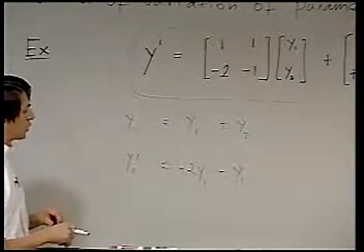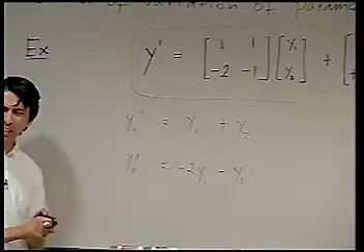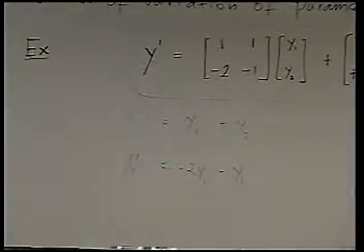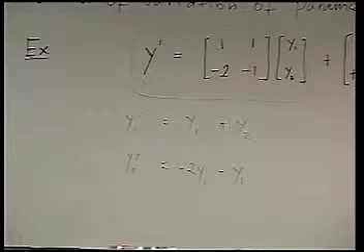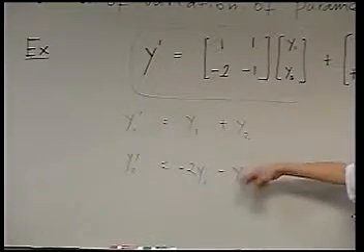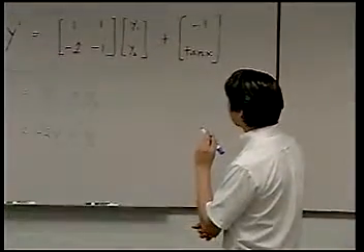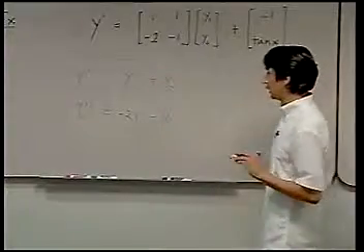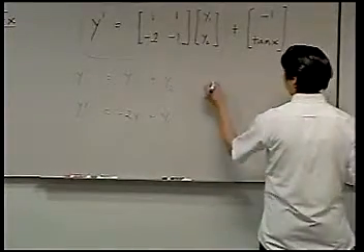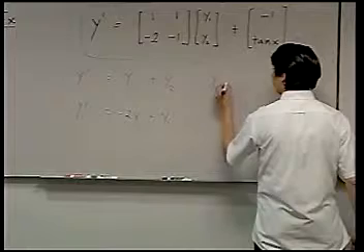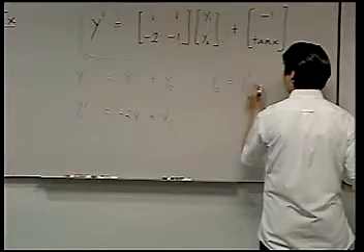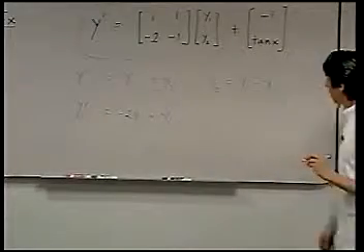So how we're going to solve this system, the idea here is to make some substitution. I have a system of equations and I would like to eliminate some stuff here. I see here that I can get y2 explicitly in terms of y1: y2 equals y1 prime minus y1.